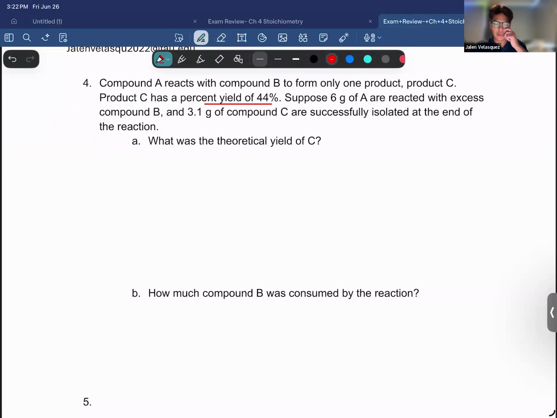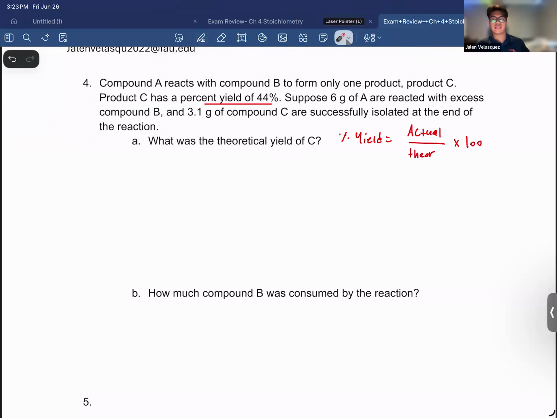So percent yield is your actual yield divided by the theoretical yield times 100. Okay, so as a reminder, the actual yield is what you actually obtain at the end of the experiment, whereas a theoretical yield is the maximum amount of mass that would be permitted through doing the stoichiometry.